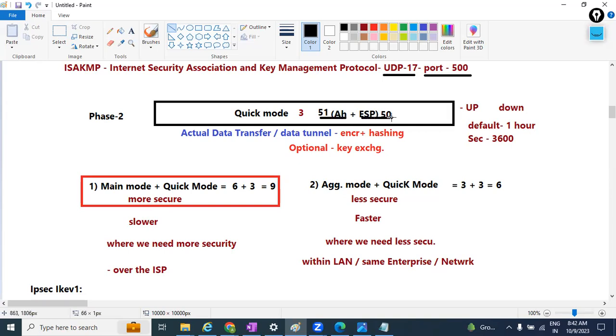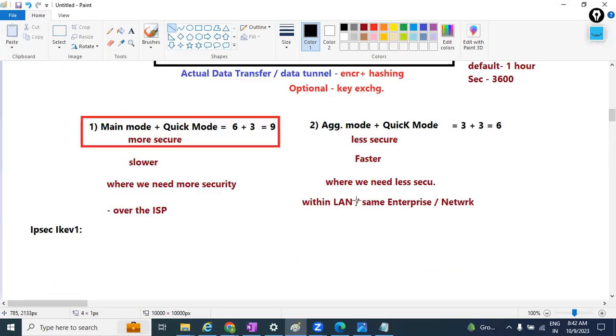And what is the ESP protocol number? 50. Like TCP protocol number 6. But TCP has many further services, that's the reason we have different ports. Telnet is a different service, SSH is different, and so on. That's the reason we have port numbers here. In this, AH is 51 and ESP is just 50.